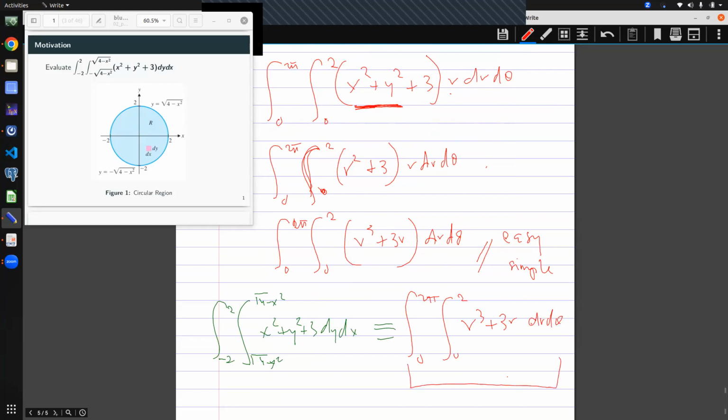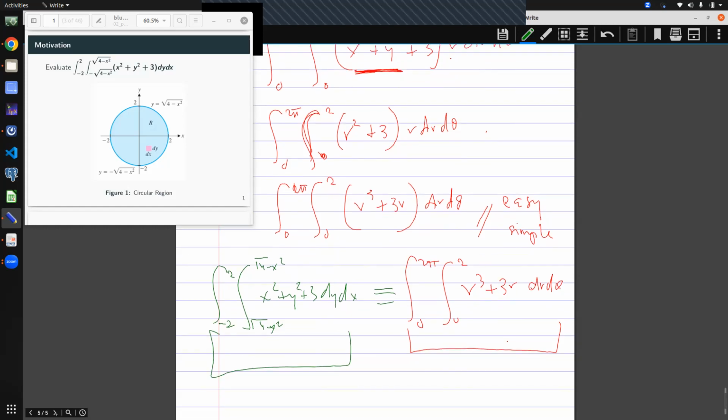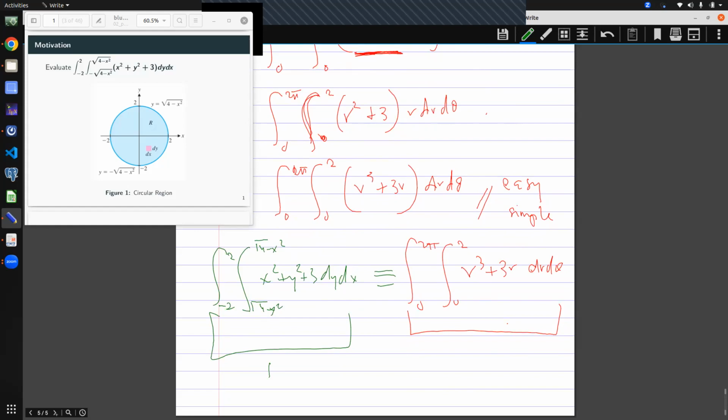Which one do you think is easier to solve? We've already made the motivation clear. And so I've been able to convert from Cartesian coordinates, a function of f of x, y here, to a function of r theta. This looks simpler to solve. I'm not sure of the answer we are going to get for this, but you are all good in solving double integrals, so you should be able to evaluate this.